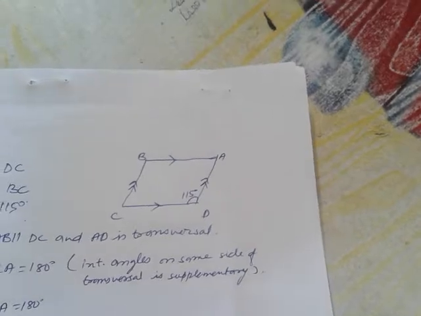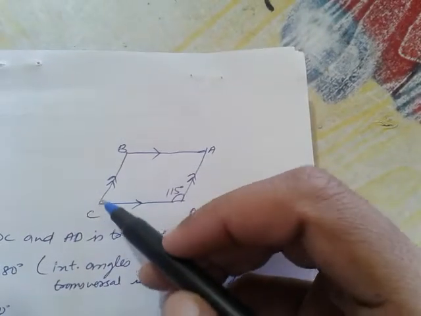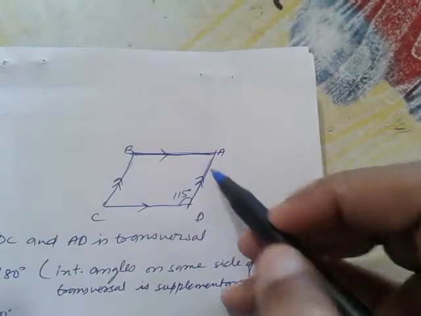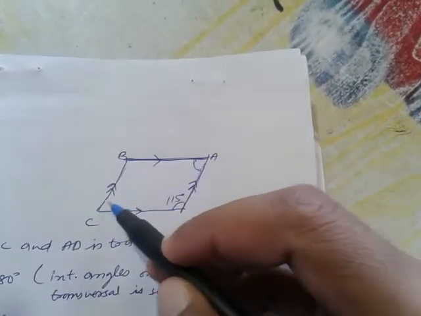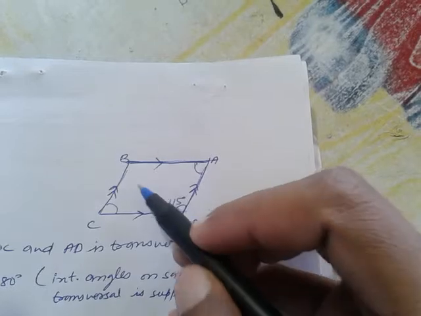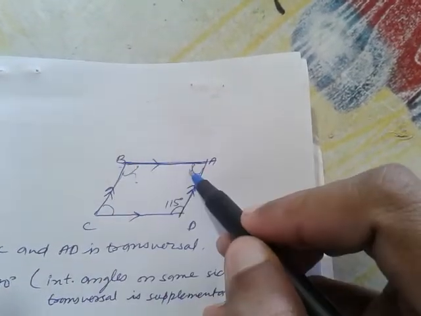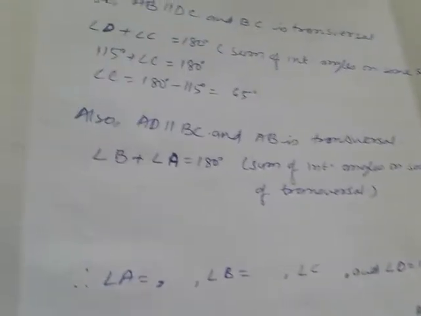We already know angle A and angle C. Now we are finding angle B. For this case I take the sum of these two, which is 180. So angle A plus angle B is 180.